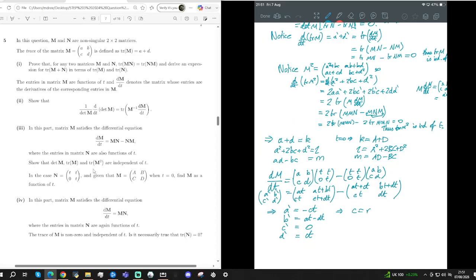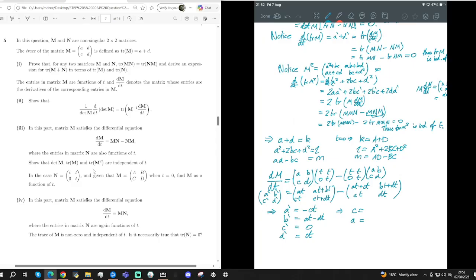I'm starting to run out of constants, so I'll call it n. Don't like to use n really, it implies it's a whole number, which it's not necessarily. I'm going to definitely run out of letters. I think I'm going to go into Greek here.